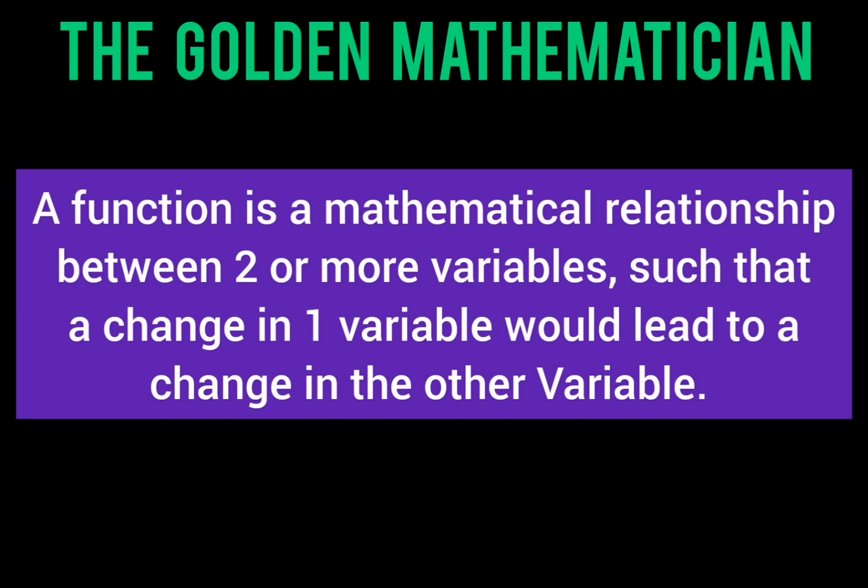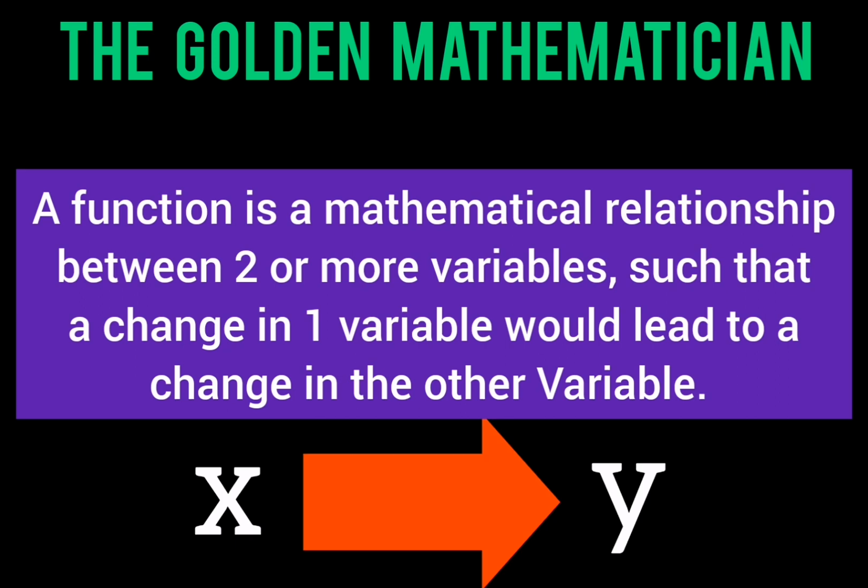So what does that mean? It means that, let's assume we have two different variables, x and y. And let's say x and y are related in such a way that for every value of x, there's going to be a corresponding value of y. That is, the moment we get a particular value of x, when we input it into the formula for y, we are going to get a different value of y.